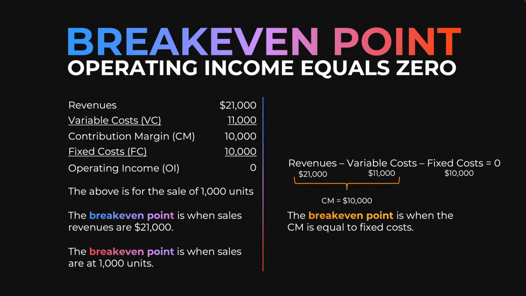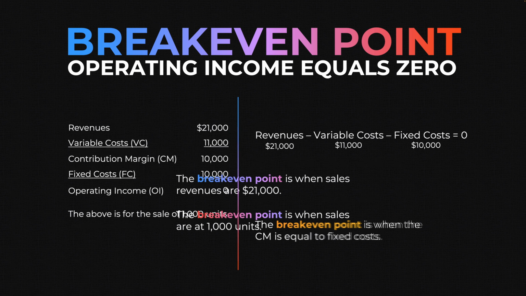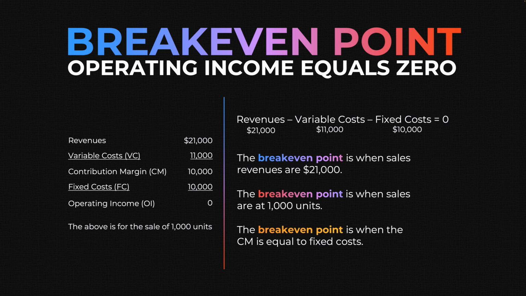So now we've calculated the break-even point, and we've got different ways to talk about it. The example on the left, to make sure we are very clear, we have revenues of 21,000, variable costs of 11,000. That gives us a contribution margin of 10,000. Fixed costs are 10,000, which gives us an operating income of $0. All of that is true for this business at 1,000 units.